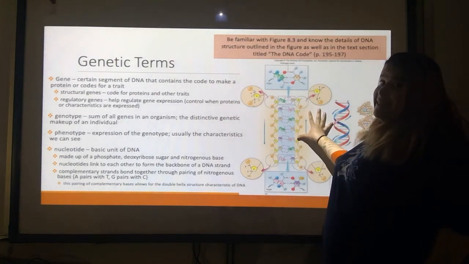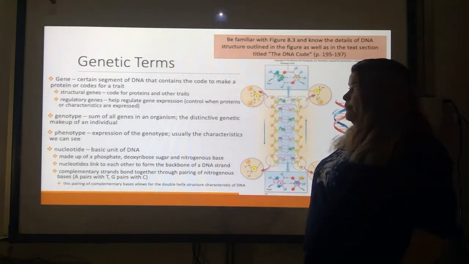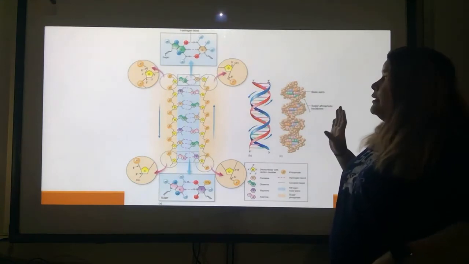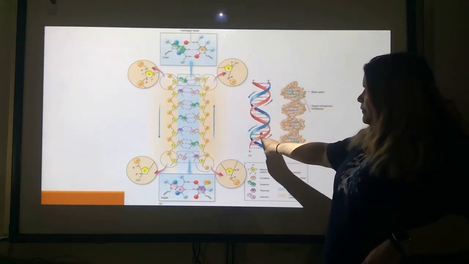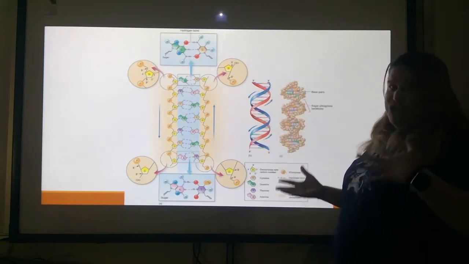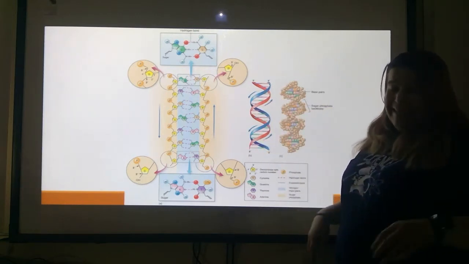Let's take these images and blow them up. Here, you should see that our DNA has this twisted ladder shape that we call a double helix.